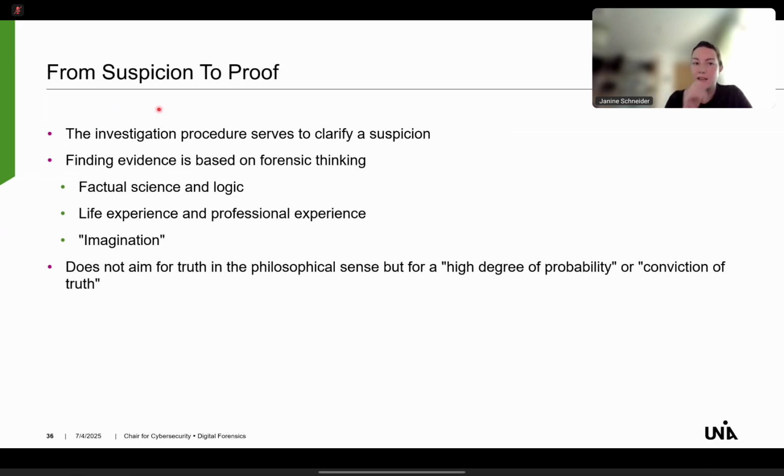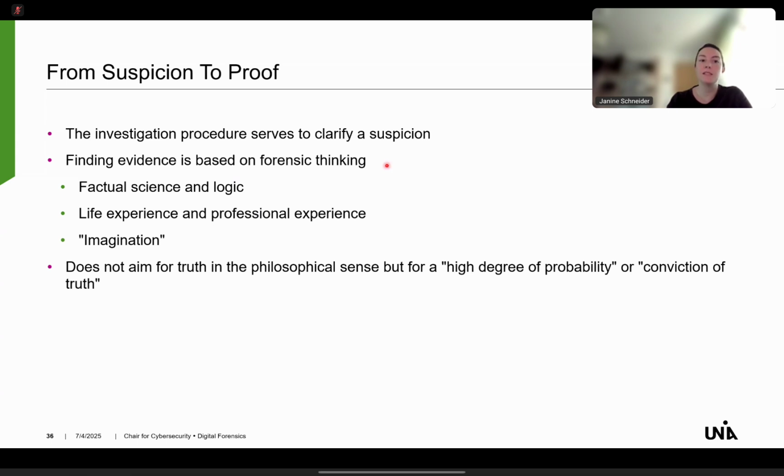The investigators try to clarify a suspicion by investigating. So the objective is to clarify the suspicion by evaluation of evidence. Finding evidence is based on forensic thinking and criminalistic thinking.